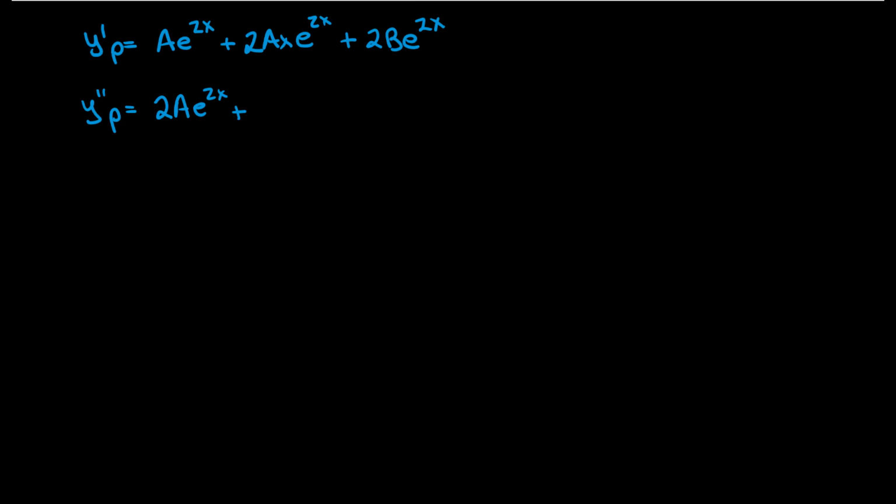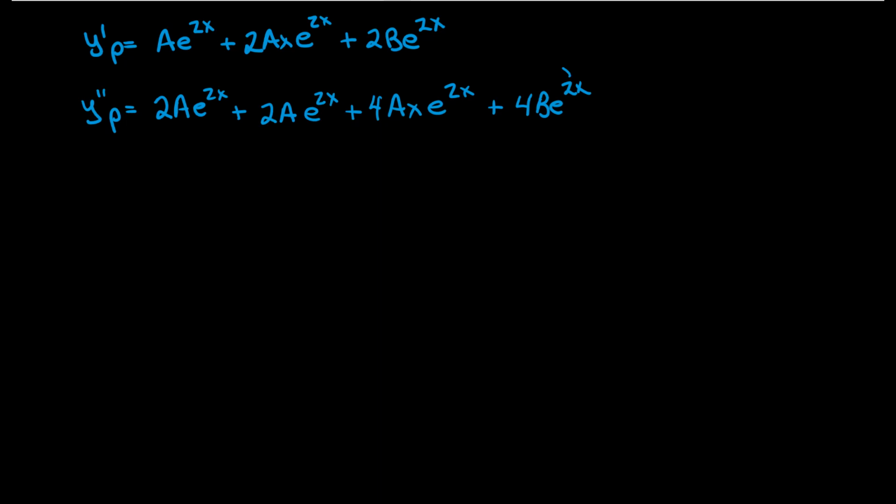So we're going to need to use the product rule. We're going to get 2a times the derivative of x, which is 1, e to the 2x, plus, now we're going to take the first, which is the ax, times the derivative of the second, which is going to be the e to the 2x. Chain rule time, derivative of the inside is 2. Then we're going to multiply by that 2, which is going to give us 4. Plus, the derivative of the third one, we're going to wind up with just 4b e to the 2x.